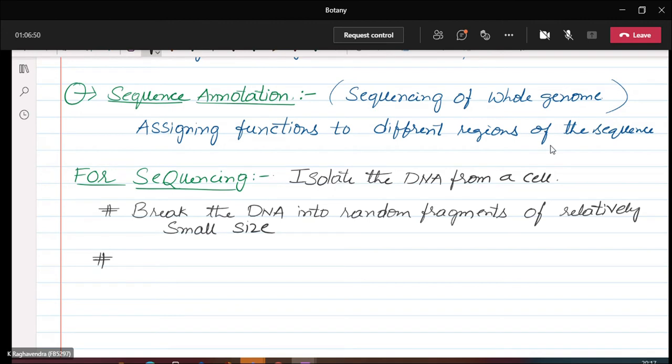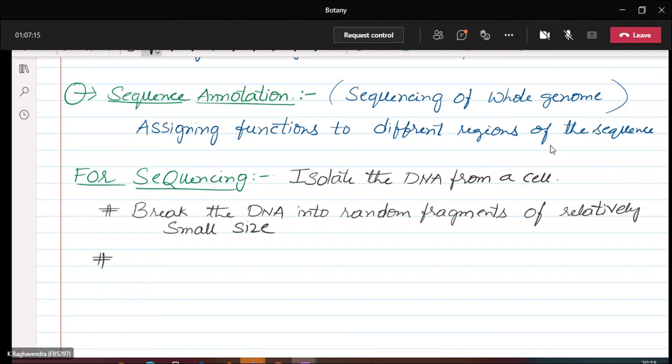To make that particular fragment into more copies, you have to use a specific host. The best host is bacteria. And to insert that DNA into the host, you need some vectors. Vectors are nothing but the carriers which carry the desired fragment. For example, I cut the DNA into many fragments.